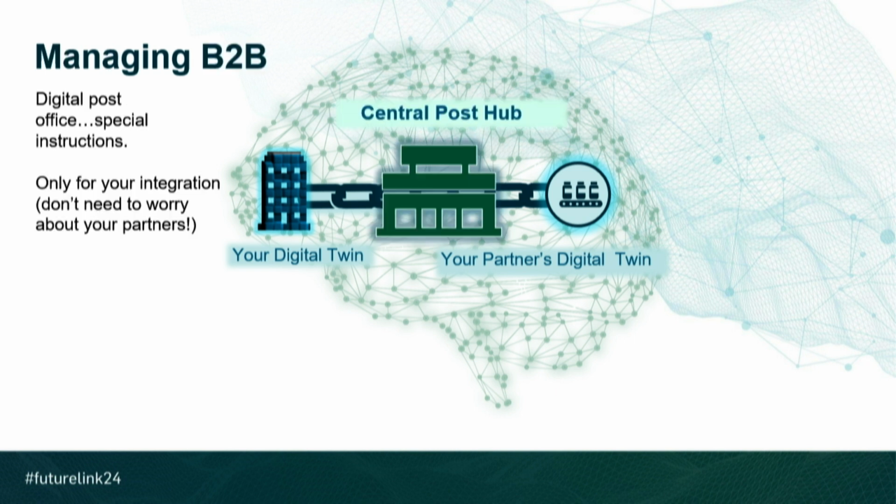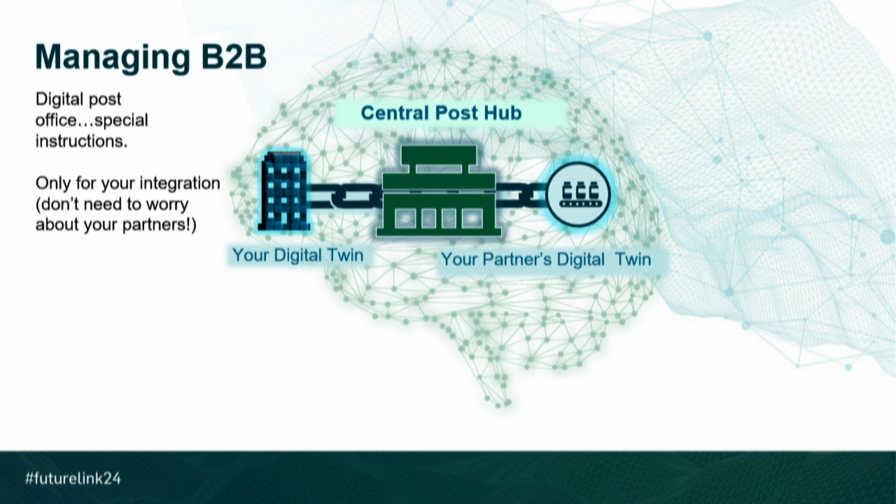And in this way, we can think of managing B2B like a digital post office. So the linking defines the address, the postal address, and the B2B configuration sets the special instructions so the vehicle knows where to go in order to reach the end destination properly and the transactions are formatted correctly.